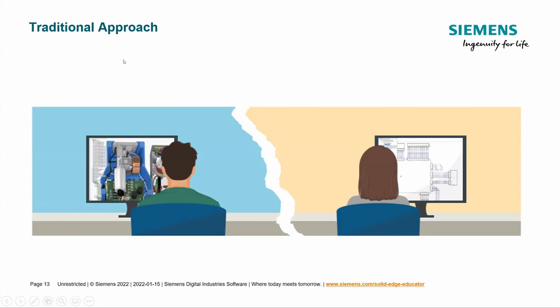So here's how this looks. In the traditional approach, we have the electrical and mechanical engineers. They're really working in two different environments, and it's difficult for them to communicate even about really simple and basic things. So we have the young lady, the electrical engineer, on the right.